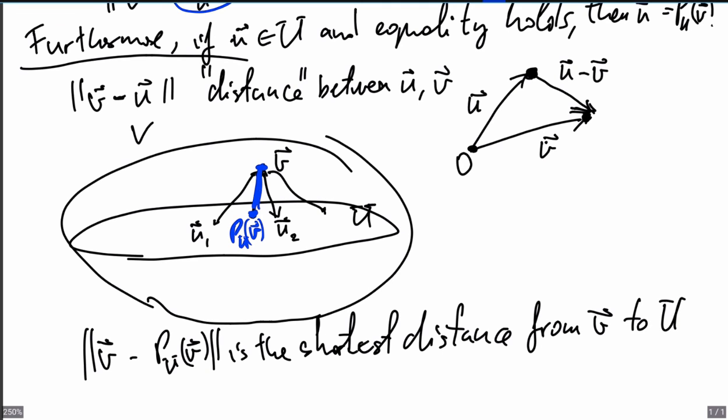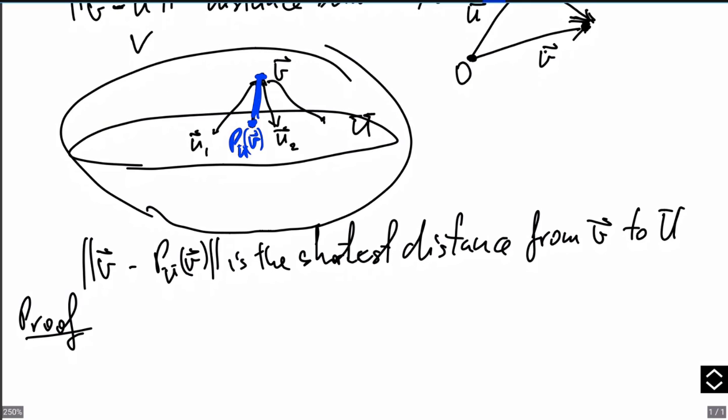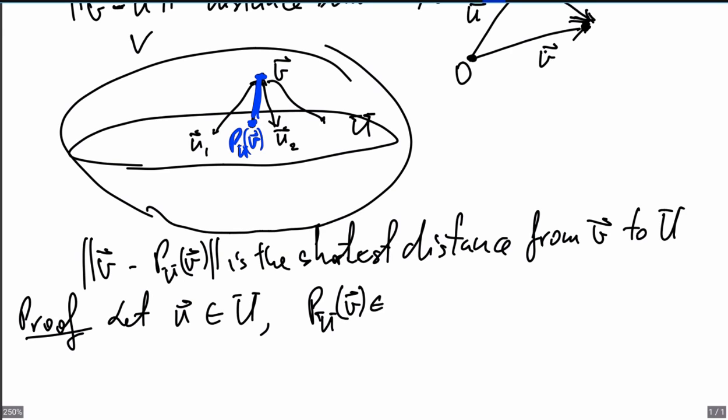The proof of this theorem, which has fantastic applications, I mean a lot of applications, is actually very elegant and short, because we are in an inner product space. Let u be a vector in the subspace U. Then the orthogonal projection of v is also in this subspace U, and v minus the projection P_U v is in U perp.